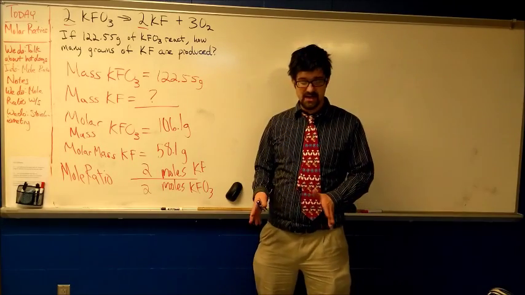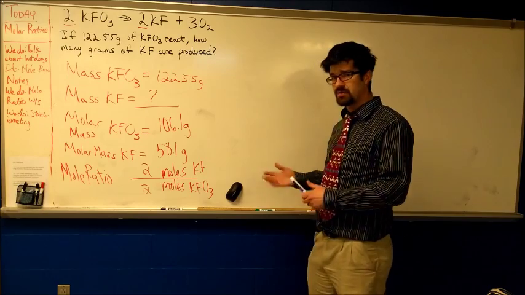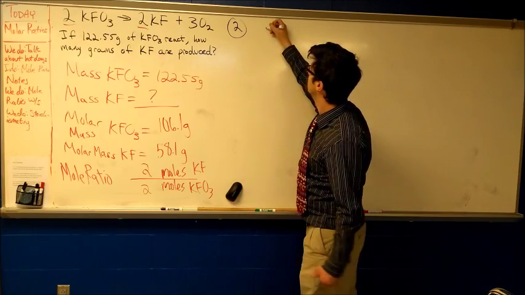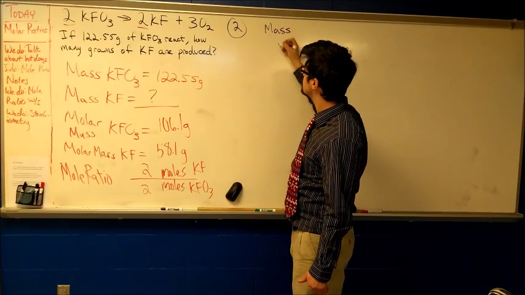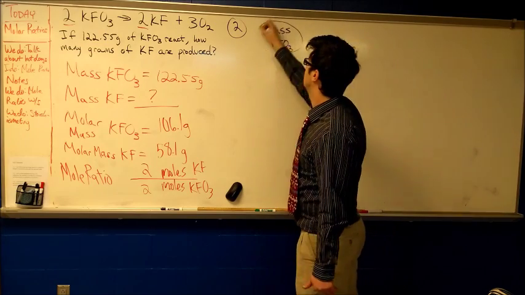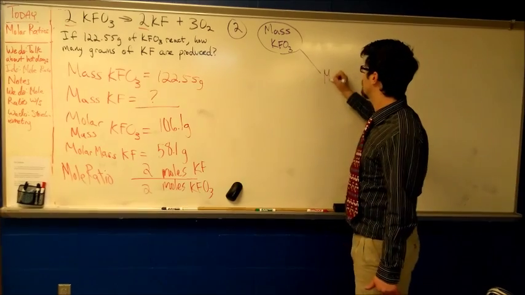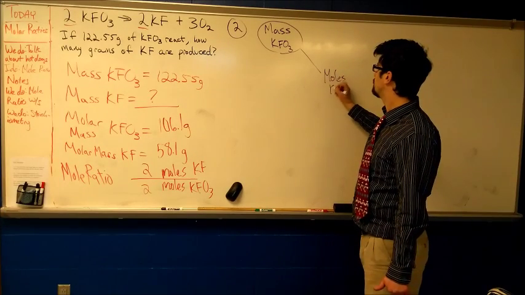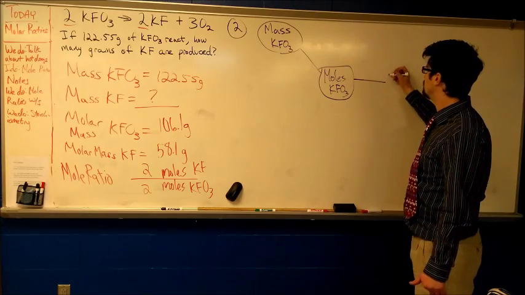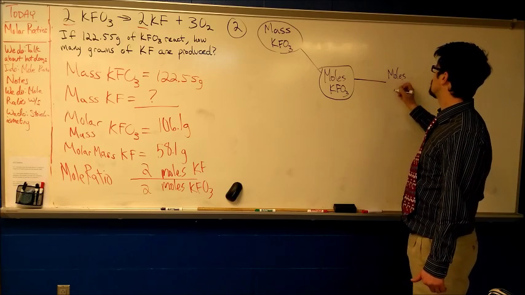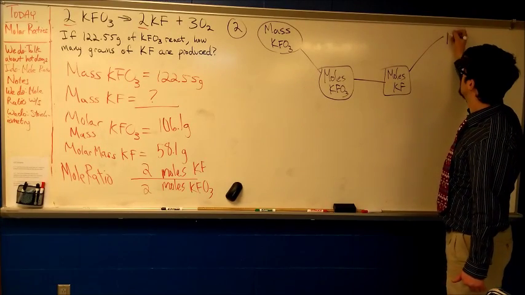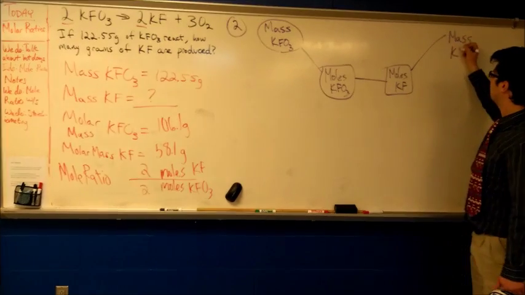Okay, so we looked at the diagram. Now I'm going to write it out. So your diagram, this is step 2. You see that there's the mass of KFO3, and then we're going to go down to the moles of KFO3, and then we'll move to moles of KF, and then back up to mass of KF.